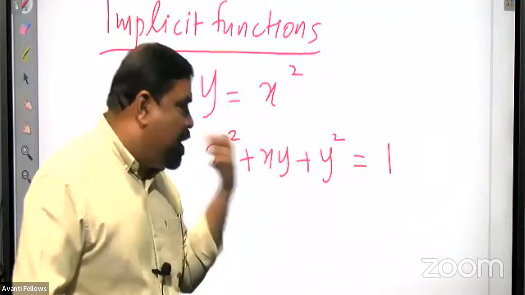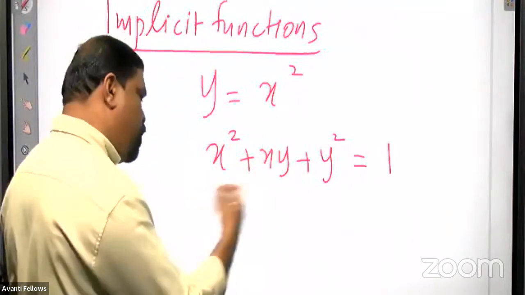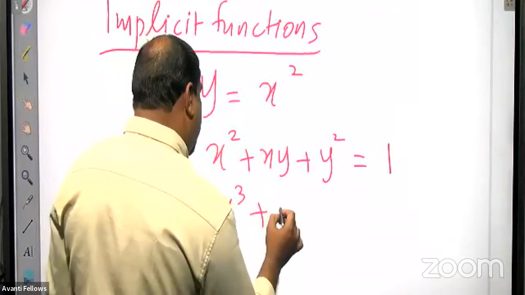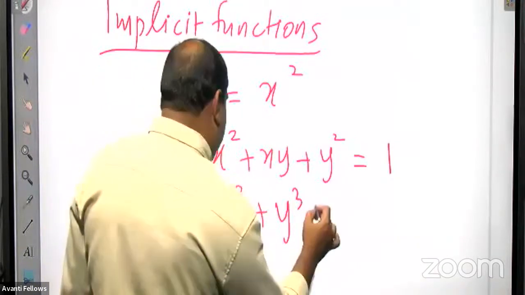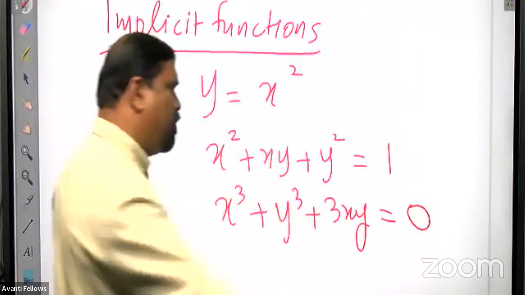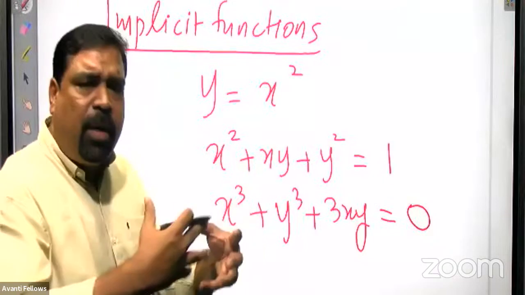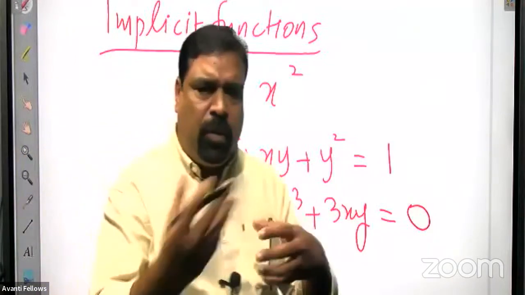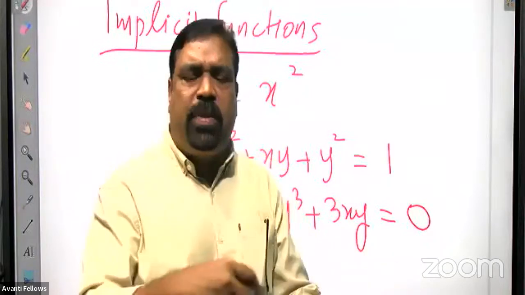And this kind of function is known as implicit functions. Any function of this type, where x and y are coming together, y cannot be expressed in terms of x.